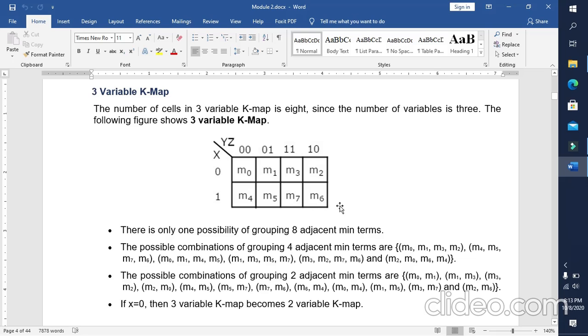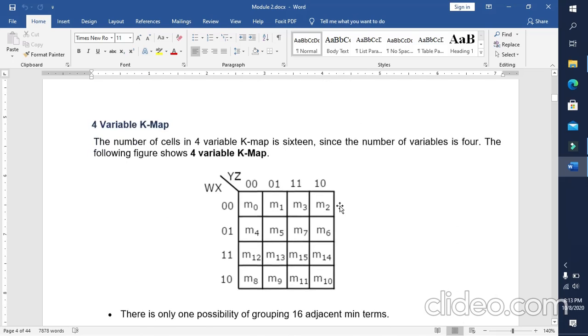Okay. Next. The 4-variable K-map. The same with the 3-variable K-map, with the 4-variable K-map, you can only change the bit one at a time. So for your YZ, you have 0, 0. Change the 0 into 1, the least significant bit. So you have 0, 1. Then for the third value, you have 1, 1.